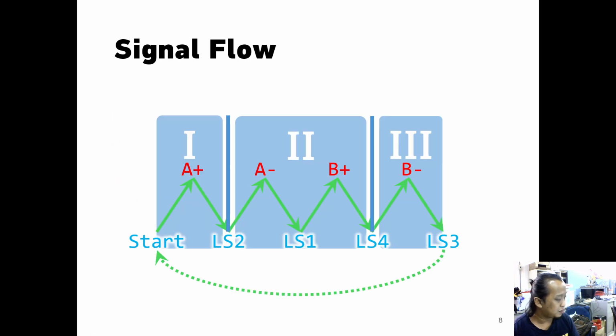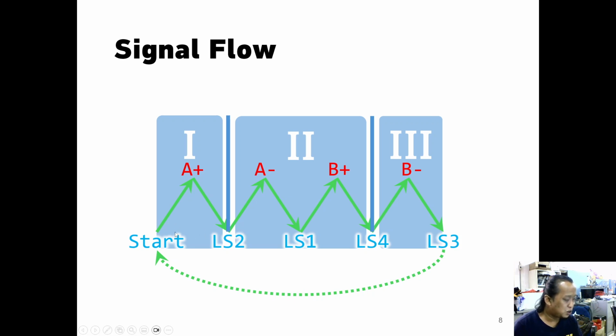It can be divided into three parts or three groups to simplify the electropneumatic diagram. We can group the signal flow into three groups.